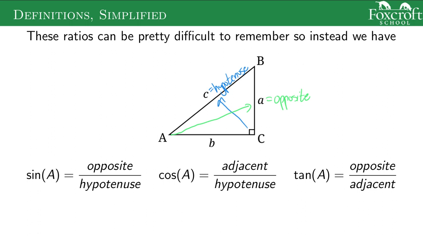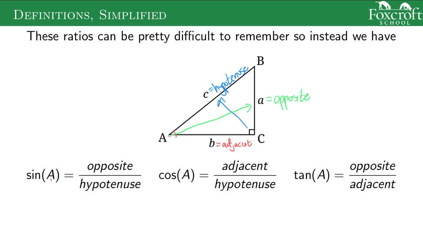Adjacent means next to, so this side is adjacent. It's next to the angle that you're talking about. We're talking about A, so we call that one adjacent. Adjacent is the one that's touching your angle that's not the hypotenuse. So always start off with labeling the hypotenuse first, then label the opposite side, and the last one's adjacent.